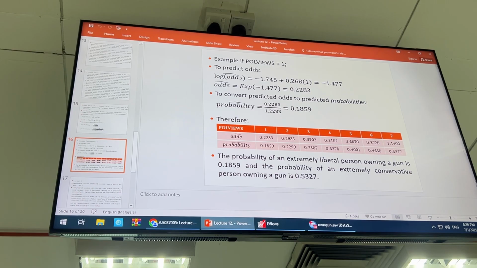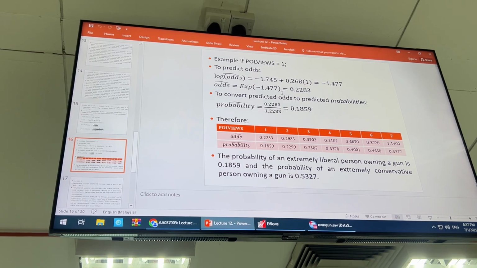Then you can convert this to the probability by using the formula that we discussed earlier. So this divided by 1 plus this, you get 0.1859. Meaning that for those who are considered extremely liberal, the probability of them owning a gun is just about 18.6%. Okay, the probability of them owning a gun equals 18.6%.